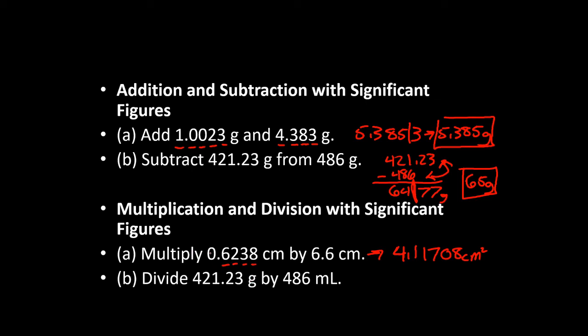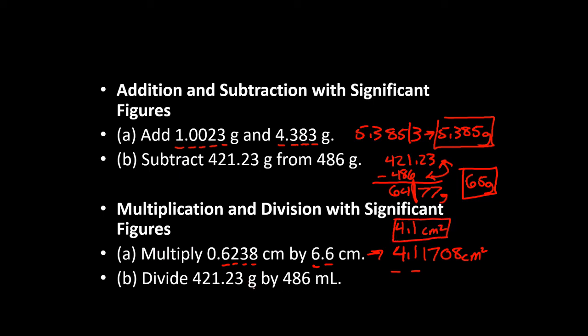That is a leading 0. It is not significant. This number has 2 sig figs. So because we only have 2 here, our answer can only have 2. So you'll have 4.1, and that is actually going to be the entire answer because the next number is less than 5, and so we're just going to leave it at 4.1 centimeters squared.